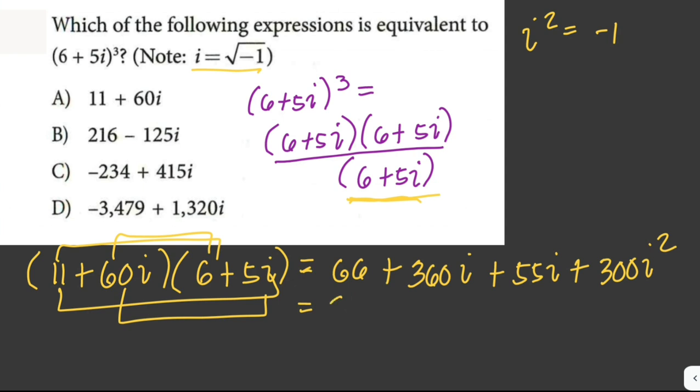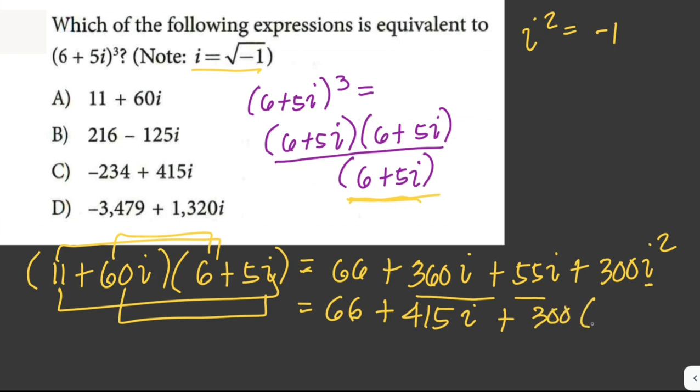So this is just 66. We group like terms. 360i plus 55i is 415i. And then our i² is equal to -1.